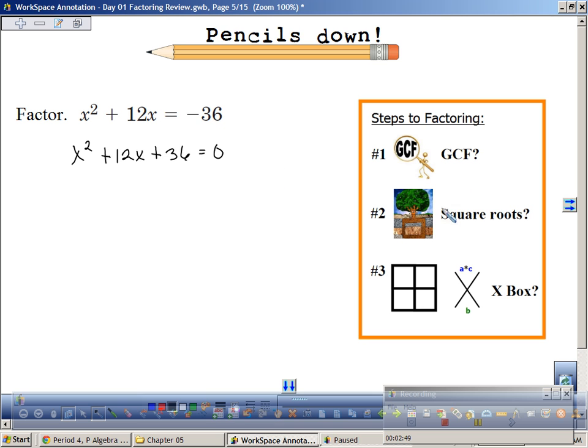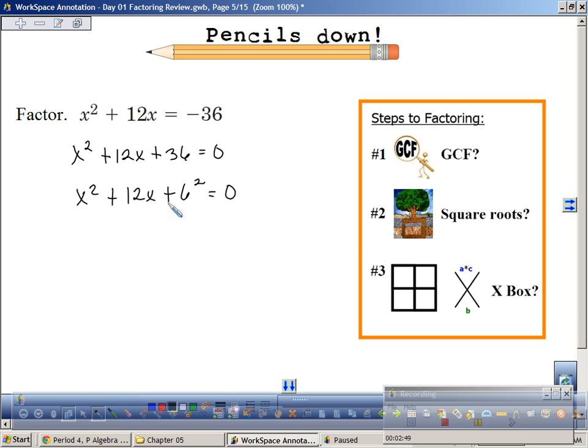Do I have a GCF? No, not something that each one has, correct? Do I have any square roots? Yes, I do. This will come into play later.